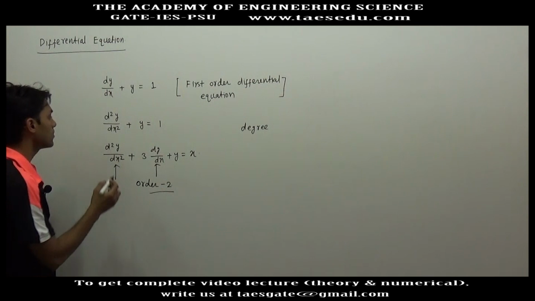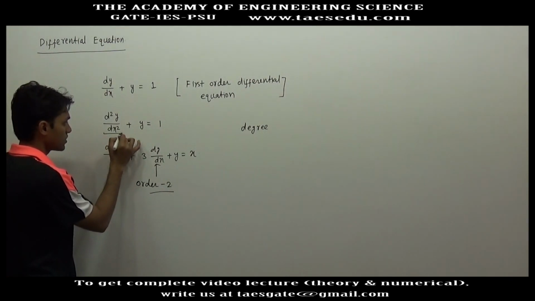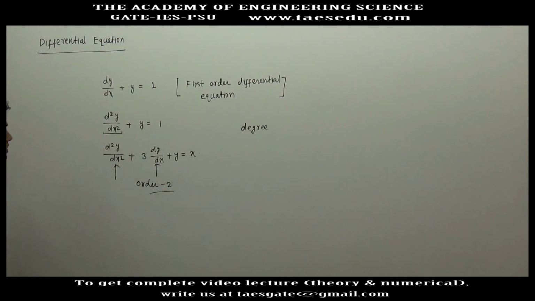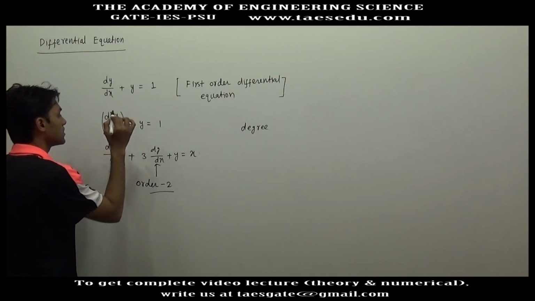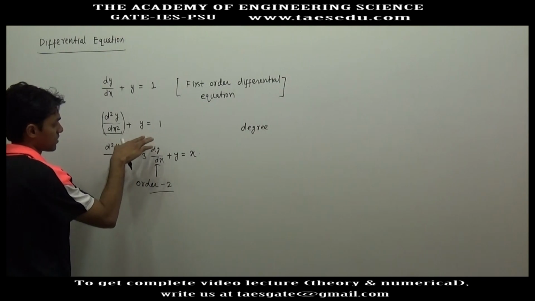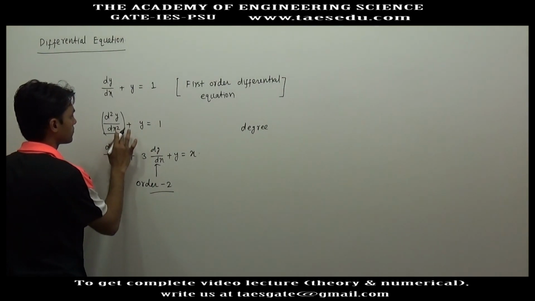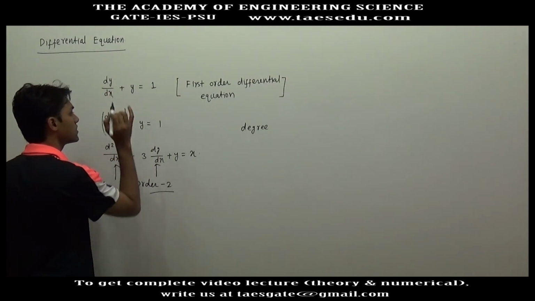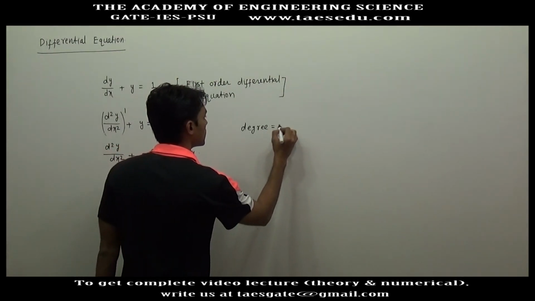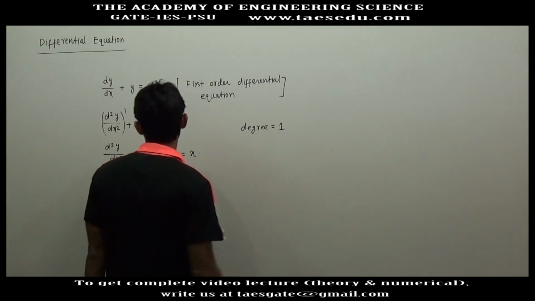For degree, you first see the highest order derivative and then see the power of that derivative. For example, in this question, the power of the highest order is 1. So in this case we will have degree equal to 1.